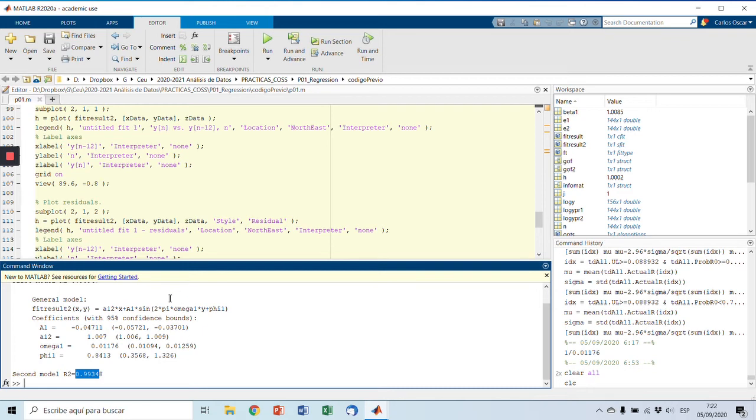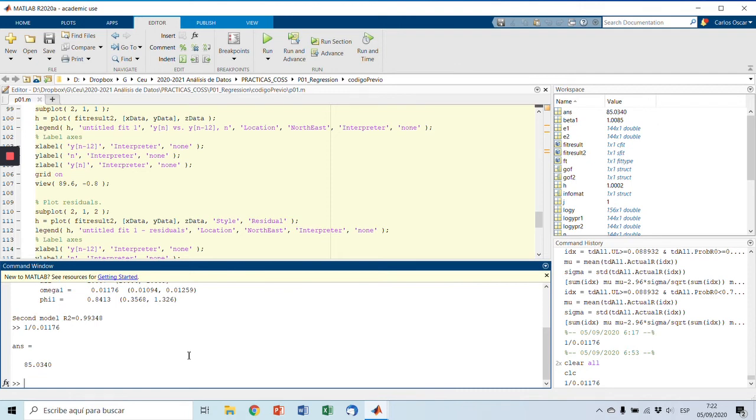And the other thing that we can look at, and this is very interesting, is omega. Omega is the frequency of the sinusoid, and if we compute the inverse of that, this is around 85, and we know that 85, this is in months, so let's put it in months.